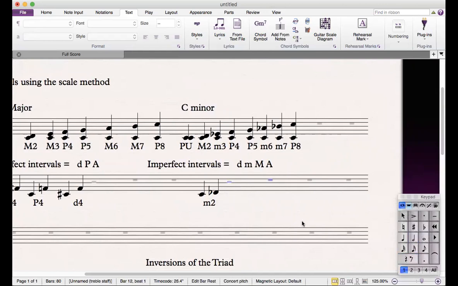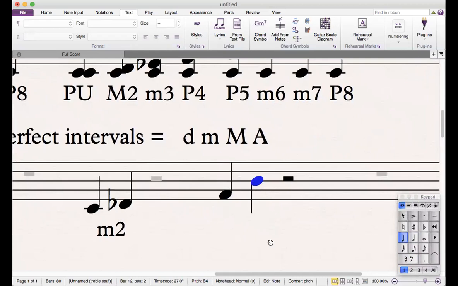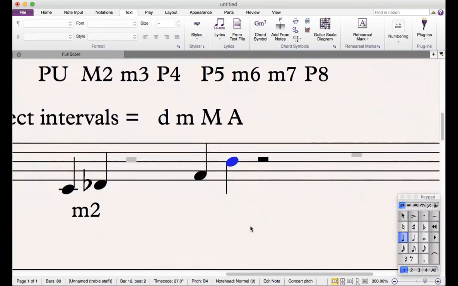Okay, so wait, what if I have an interval that's not starting with C? Let's say I start with F and I go to B. Now I'm asking you, what's the distance between these notes? Well, the first thing you should do is count the notes. One big mistake that I see a lot of beginners make is that they forget to count one.